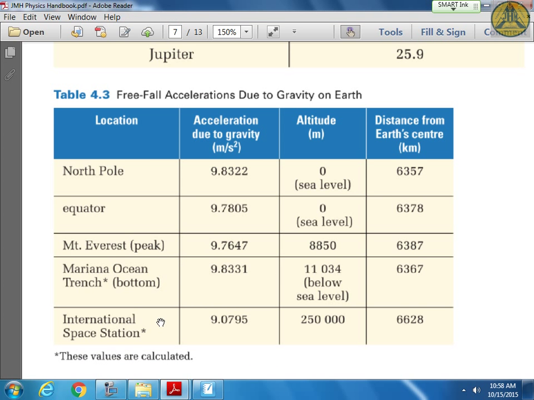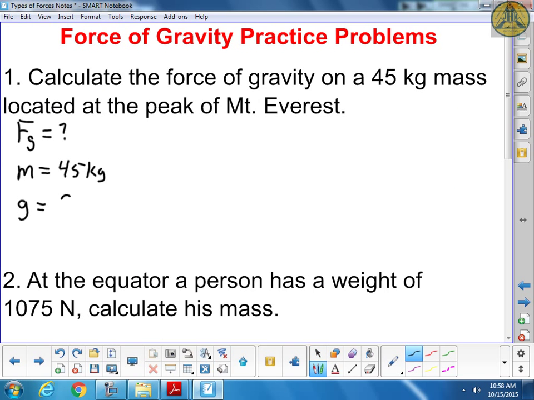Formula, Fg equals mg. That formula is in your handbook. It's got the lowercase g instead of an a. So there's two: one that says F equals ma, and one that says Fg equals mg. The F equals ma is one of Newton's laws. Put our numbers in, 45 times 9.7647.